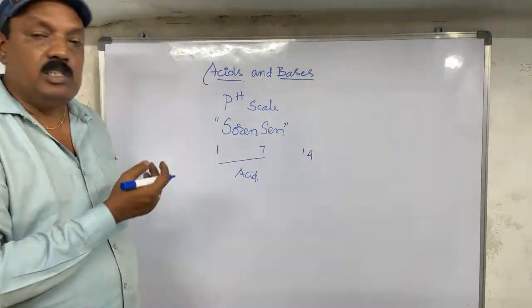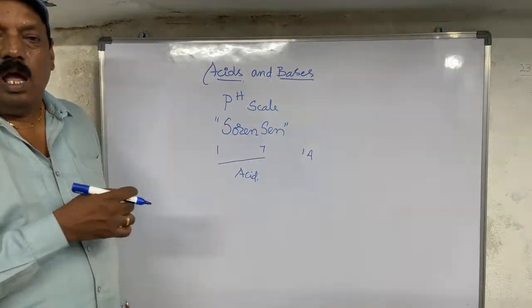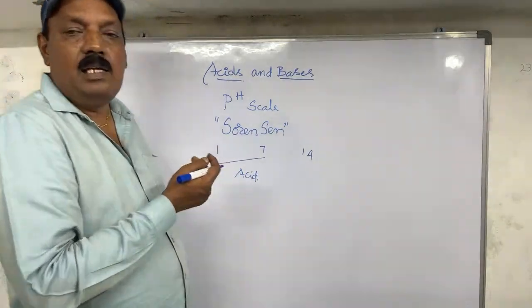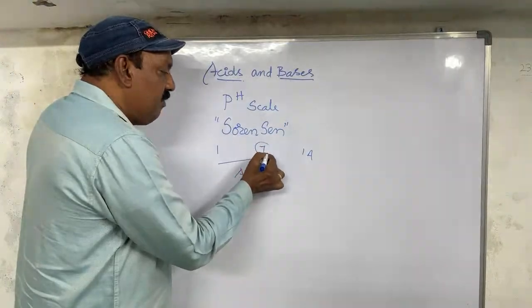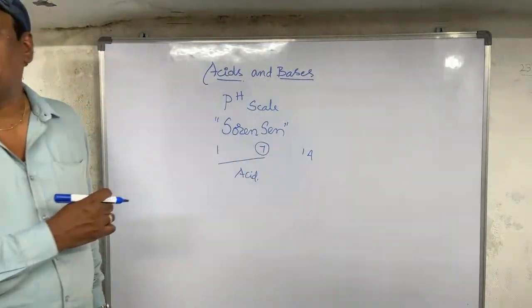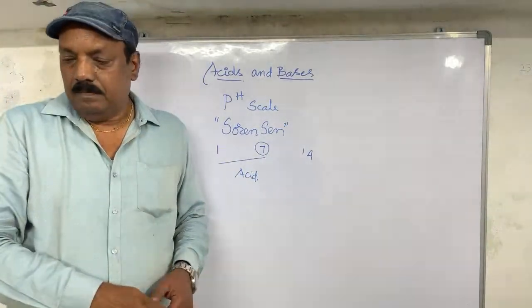Bases include soap, water, and milk of magnesia. Exactly 7 is called neutral, which is neither acid nor base.